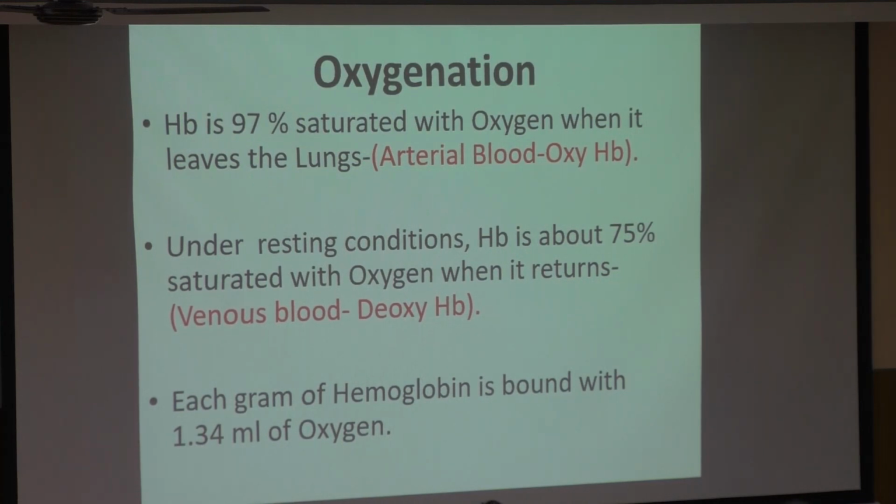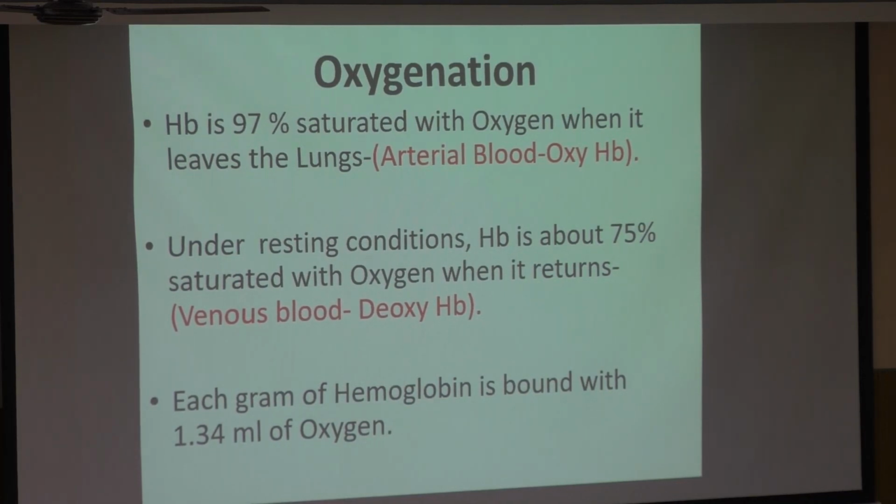Now the point to be emphasized is that there are two forms of hemoglobin: oxyhemoglobin and deoxyhemoglobin. In deoxyhemoglobin, oxygen will not be there. In oxyhemoglobin, oxygen will be there.